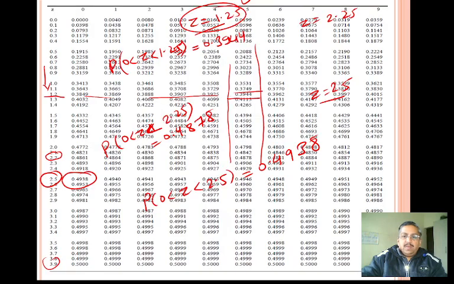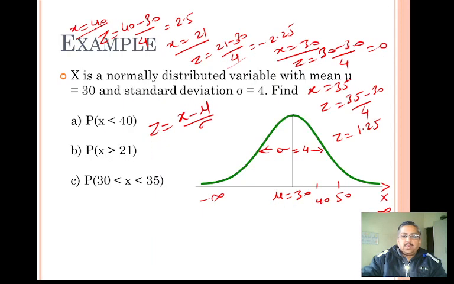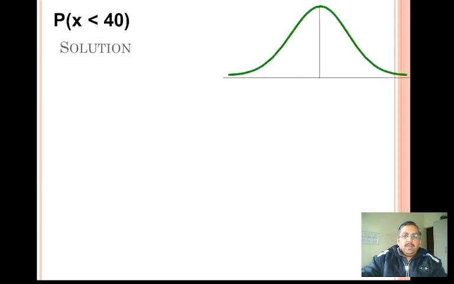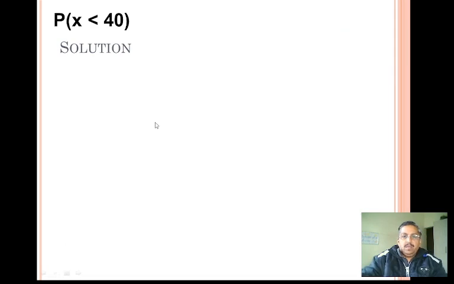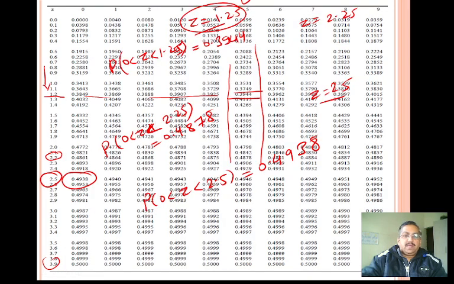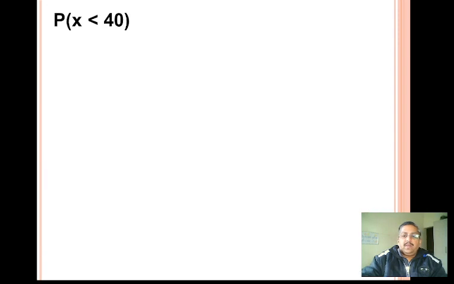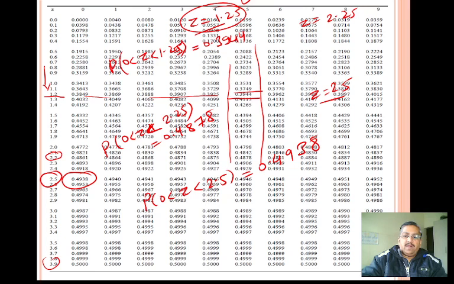And now let me discuss with you, for the first question, how we'll find out the probability for x less than 40, right? Here you have the solution. Before going to the solution, let me express that we have already calculated the probability of x less than 40. If x is 40, Z is 2.5, and the probability for Z equals 2.5 is 0.4938.